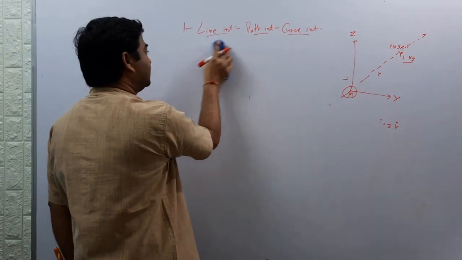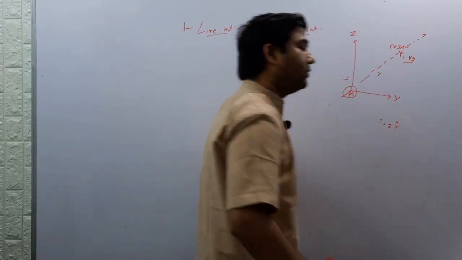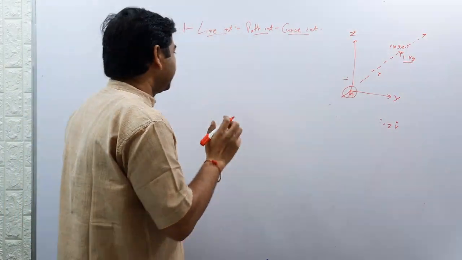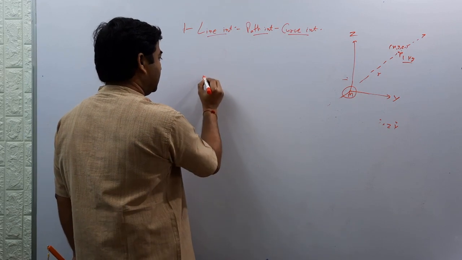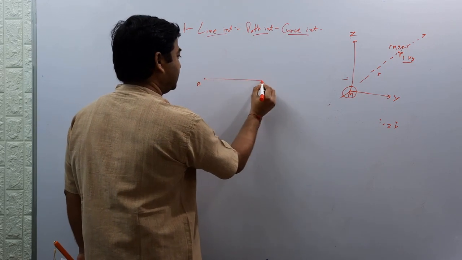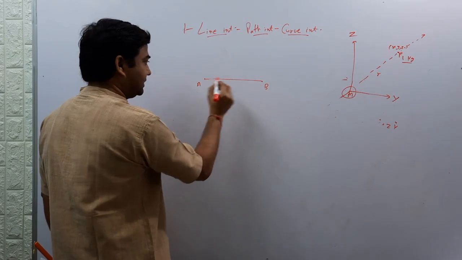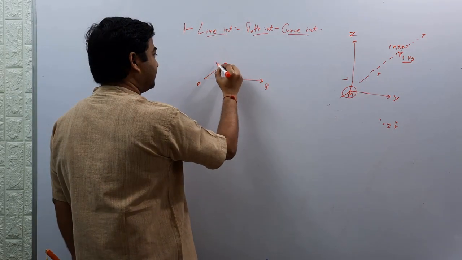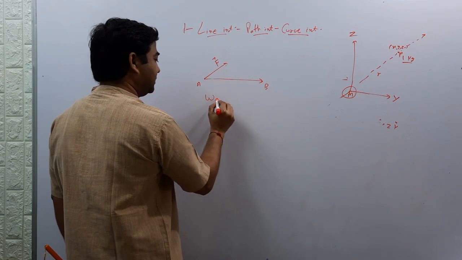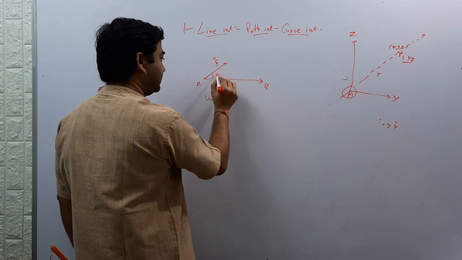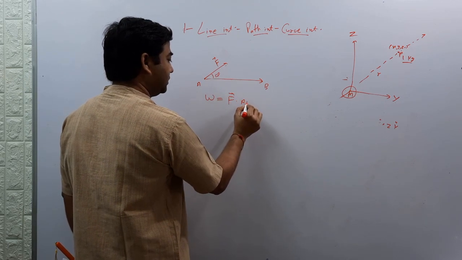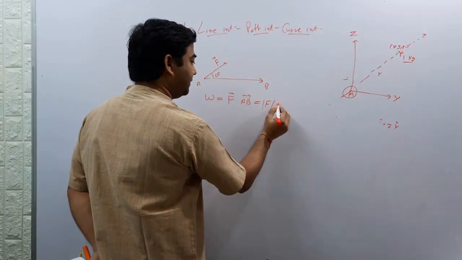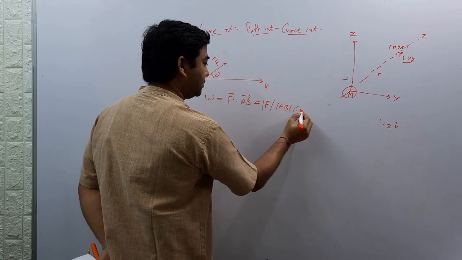Now we will see why this line integration is required, what is the use of line integration. We will start with a simple example. We know for point A to B, that is the displacement AB, and there is a force F. Work done is equal to F, this is angle theta, dot the displacement vector AB, and this is equal to F AB cos theta.